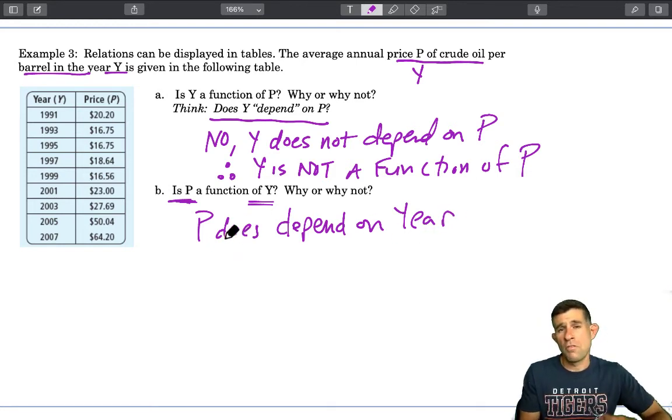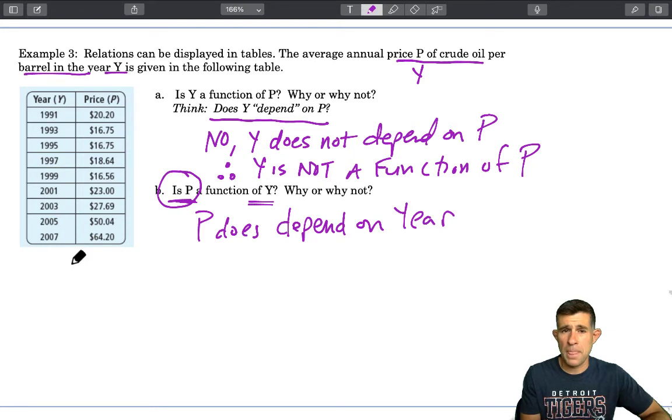However, if we were to list these ordered pairs and look at this to see if it is a function, then there would need to be no repeated P values for all the different Y values here. And you can see here that there are 2 values, 1993, $16.75, and 1995, $16.75, that are the same P values.